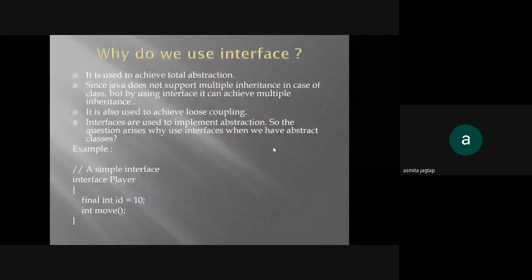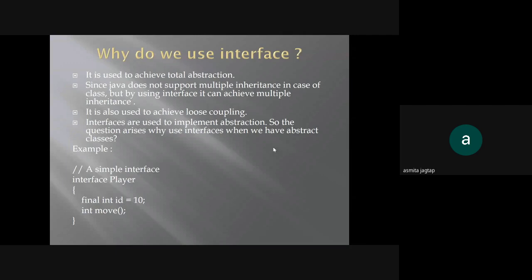So why do we need the interface when abstract class is there? Because with the help of an interface, we achieve 100% abstraction. That is why we use interfaces. Also, with the help of abstract classes or classes in general, we can't create multiple inheritance.